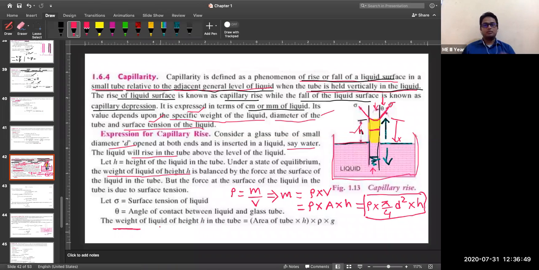If you remember your Newton's second law, force equals mass into acceleration. This is Newton's second law, and it will be widely used in your fluid mechanics derivations. F equals m into acceleration. Here we have calculated the expression for your mass. F is weight.